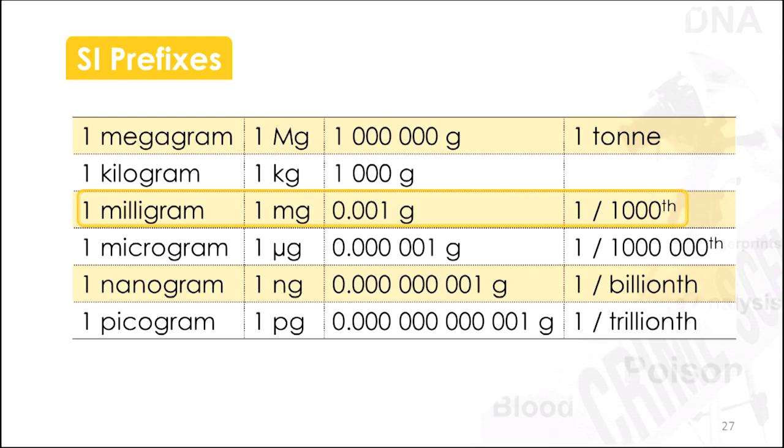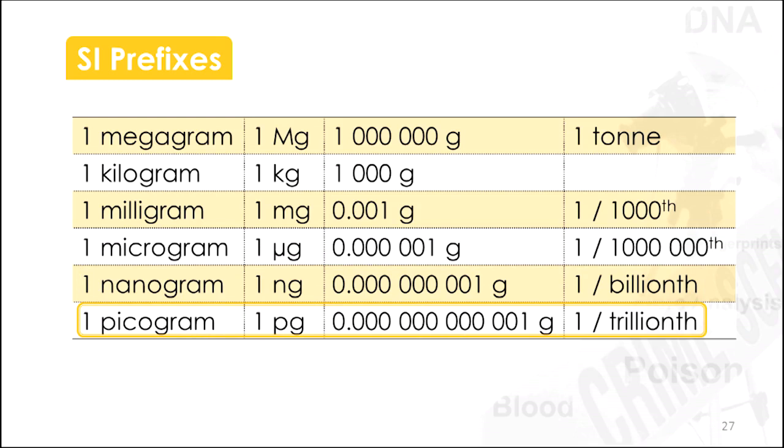If we go down another step, we come to the microgram. A microgram is 1/1,000,000th of a gram. That is an extremely small amount. You cannot see it. But with modern techniques, it's not difficult to be able to analyze for it. Below a microgram is a nanogram. A nanogram is 1/1,000,000,000th of a gram. Below that is a picogram, being 1/1,000,000,000,000th of a gram.